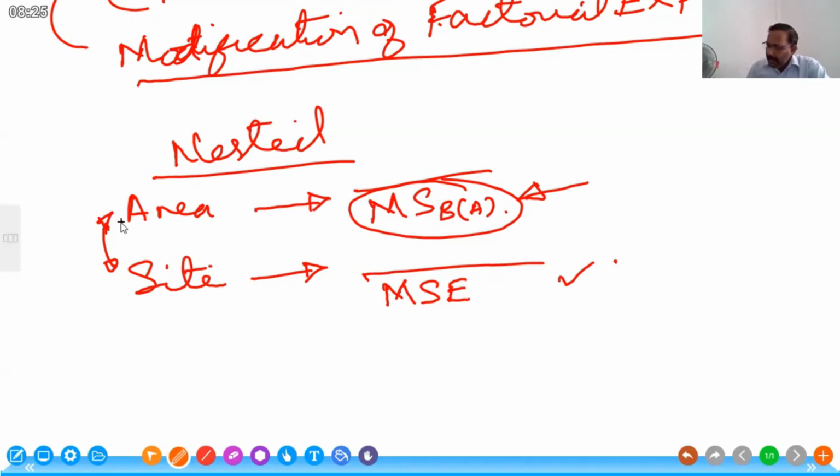So we didn't treat these two equally. We didn't look at the effect of area and the site in the same manner. Because I have some problem, right? Problem in terms of the randomization, right? Don't worry about that in detail, but from the denominator itself, the factor is different from area to site. In both cases, the denominators are different.